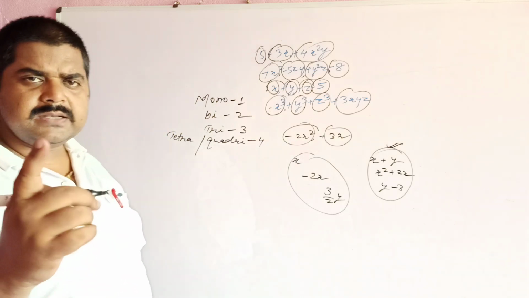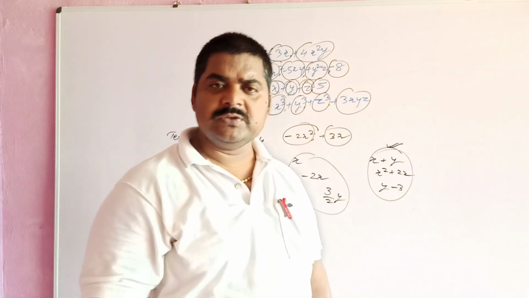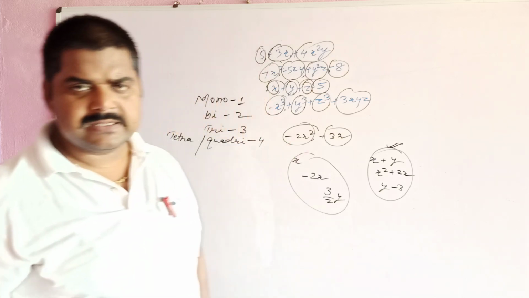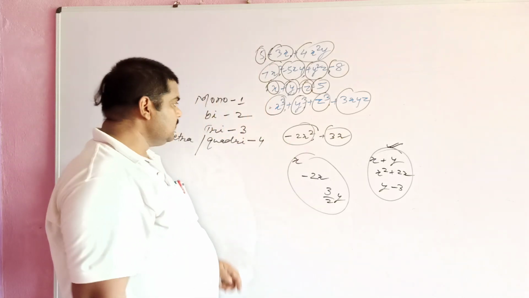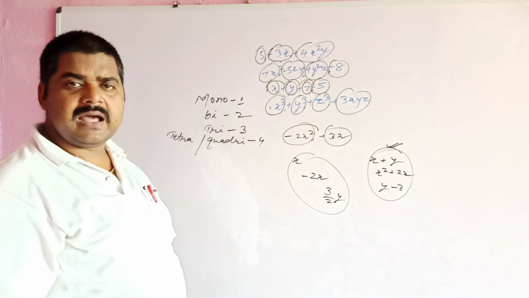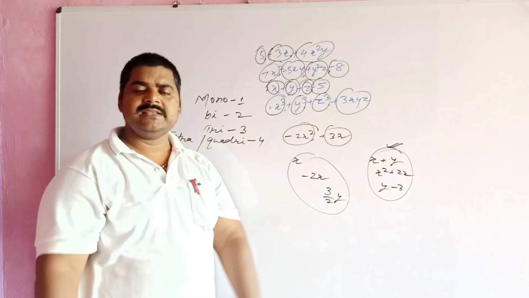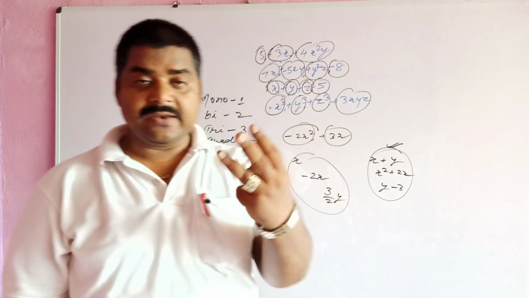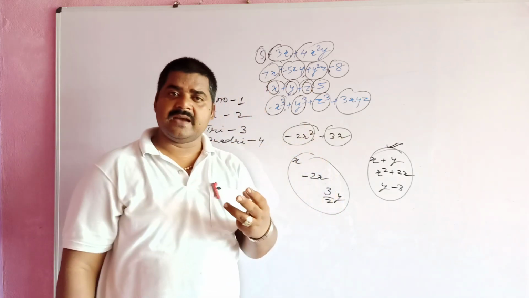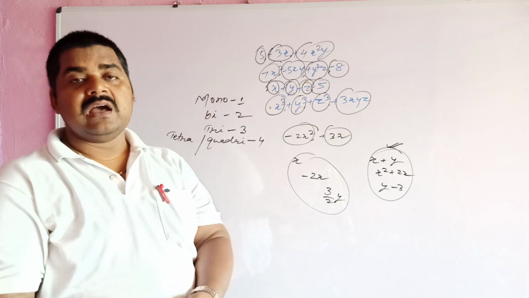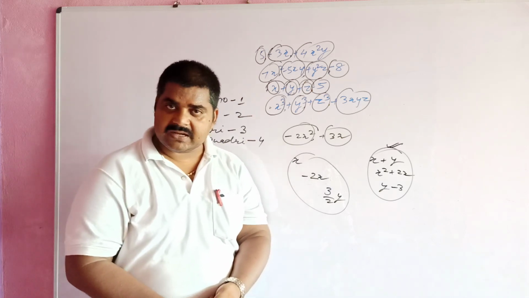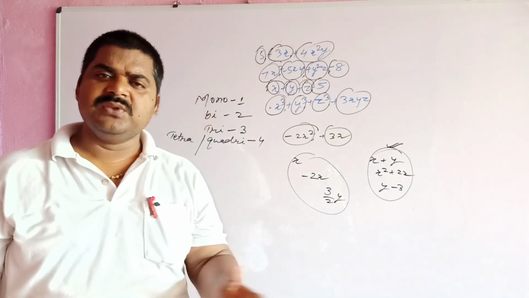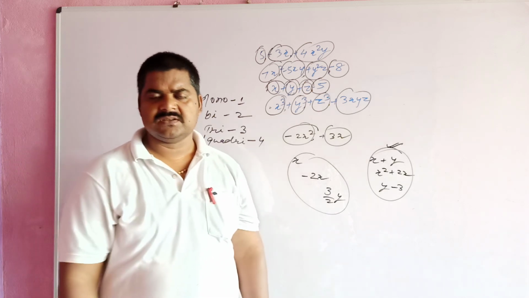Monomial means such an algebraic expression which contains 1 term. Binomials are such algebraic expressions which have 2 terms. Trinomials contain 3 terms, and quadrinomials contain 4 terms. Similarly, you can define the different types of expressions.